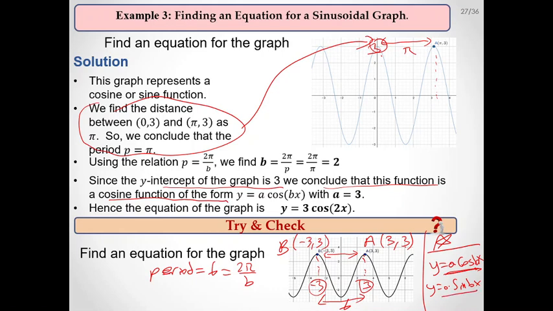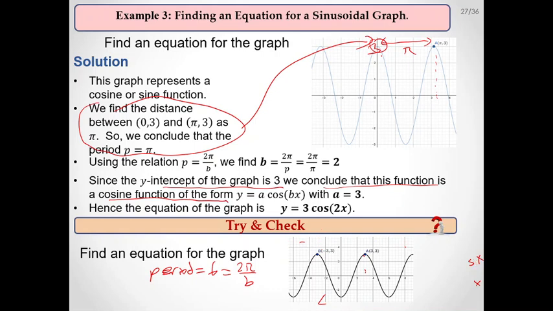Otherwise, you cannot follow the methods here. We can maybe, but you have to be careful about the other transformations. If another transformation happened in the graph, in these steps you will not be able to see them.